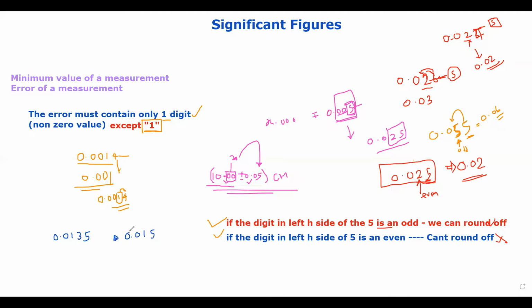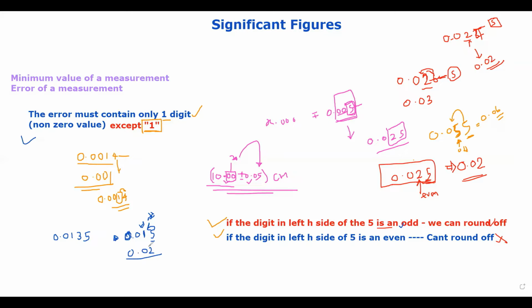Here, first of all, you have to round off. After considering the result, you have to think of this rule. Here, the left hand side of the 5 is 1. 1 means it is an odd number. If it is an odd number, we can round off. So here 5, we round off, we get 1, we add 1, 0.02.